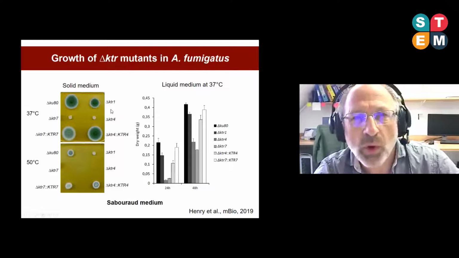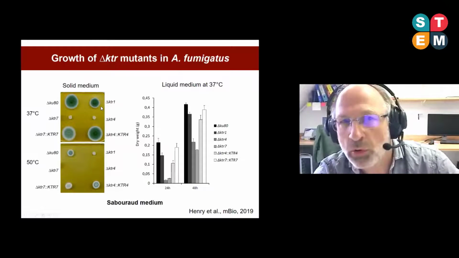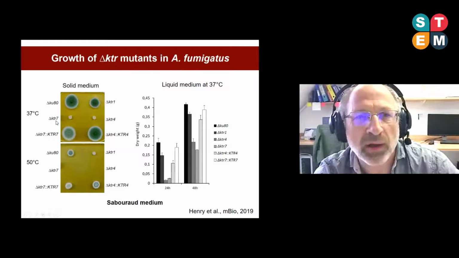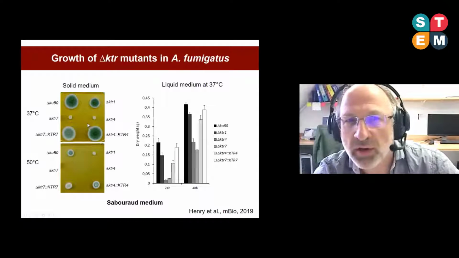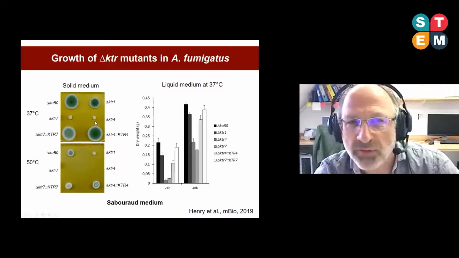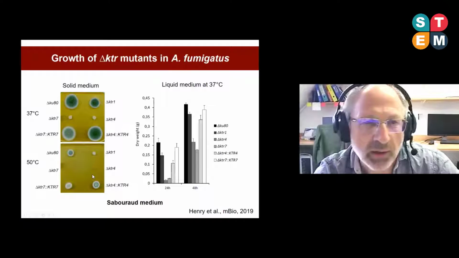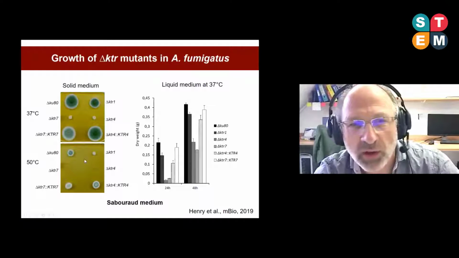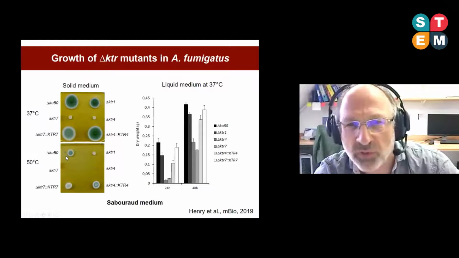The Cre1 mutant shows only a slight decrease of growth in a solid medium, but the Cre4 and Cre7 mutants clearly show a strong defect in filamentous growth, and here at 50 degrees, there is almost no more growth in comparison to the parental strain.